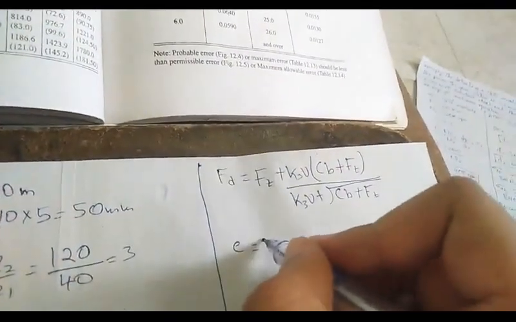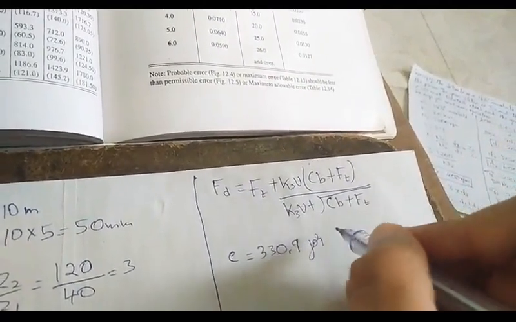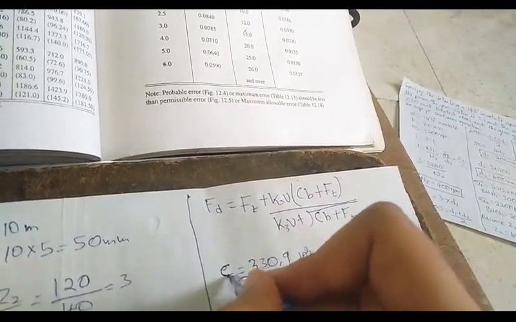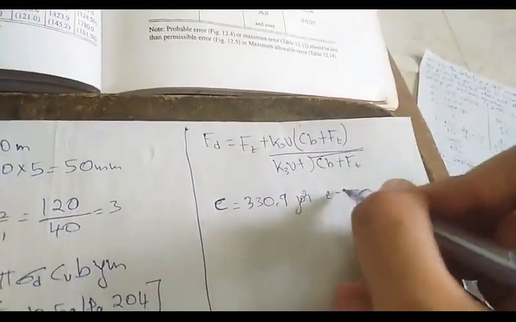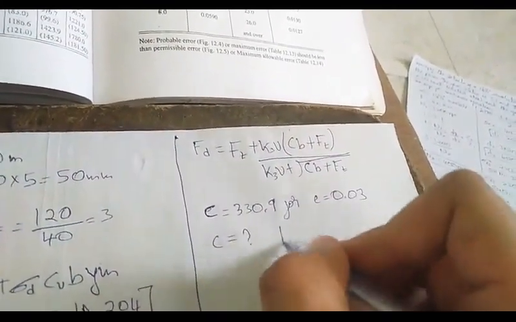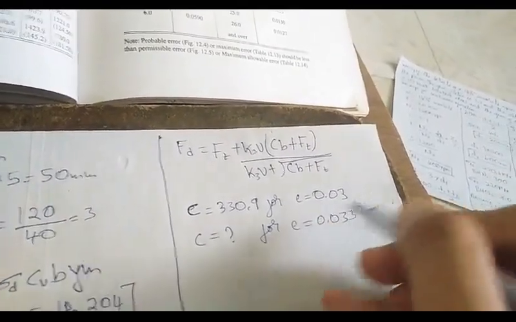Error E is equal to 330.9. This is C. C is equal to 330.9 for error E equal to 0.03. But I need the value of C for error E equal to 0.033.